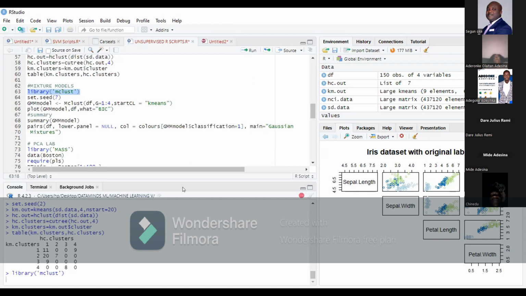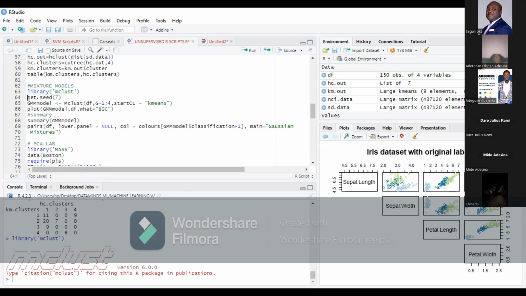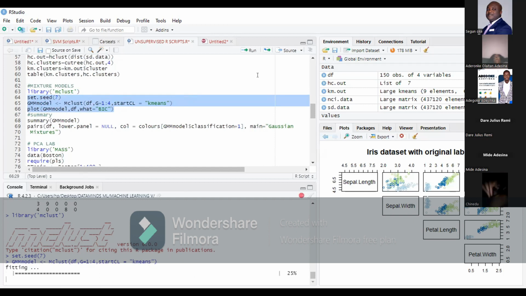We bring the mclust. Then set seed equals to 7. Then we can then run 64 to 66. Okay. And that's what we have.